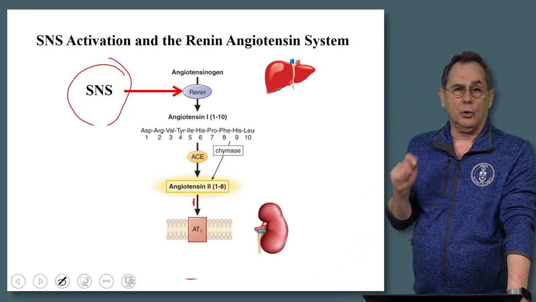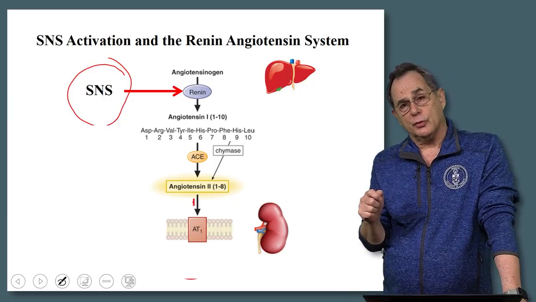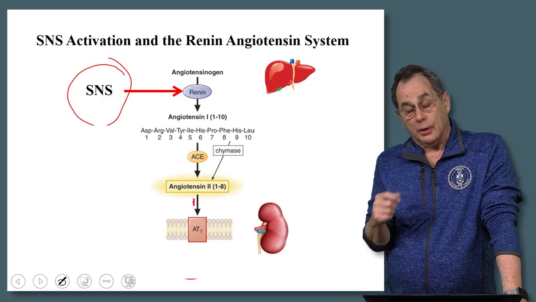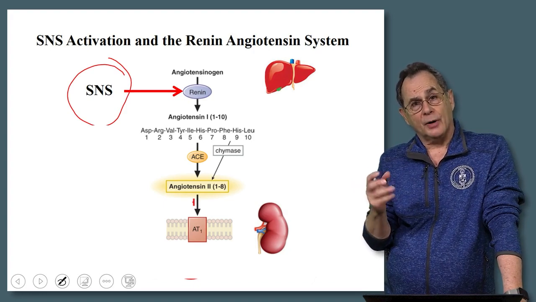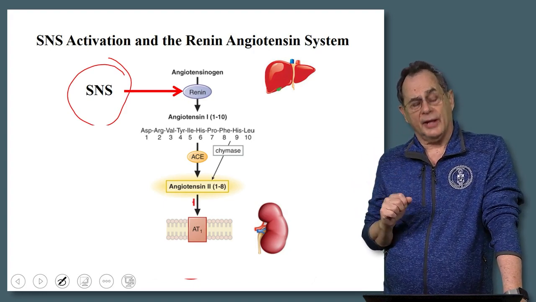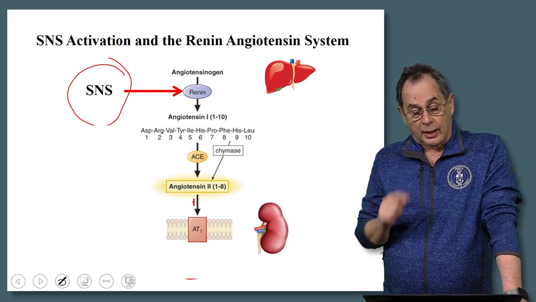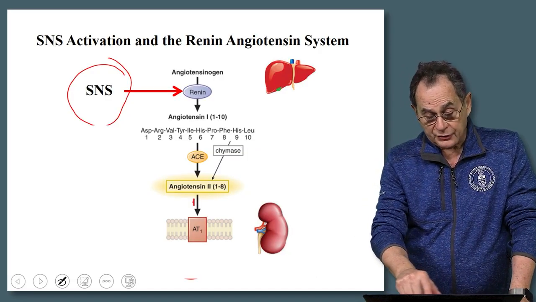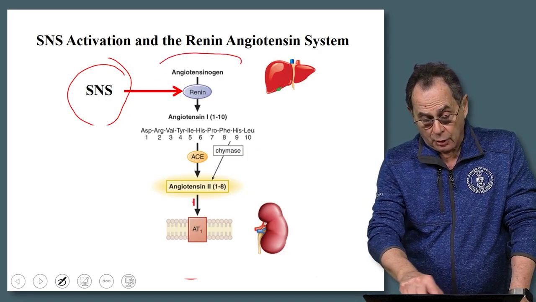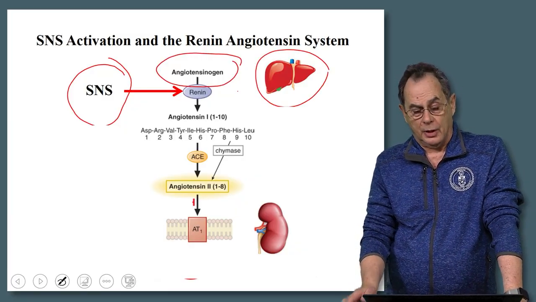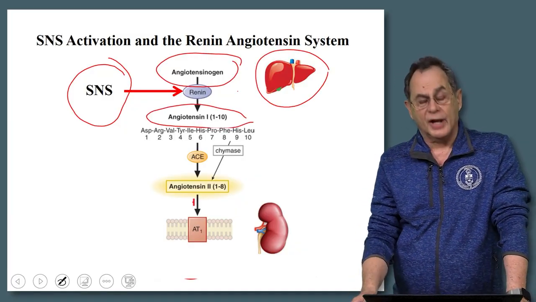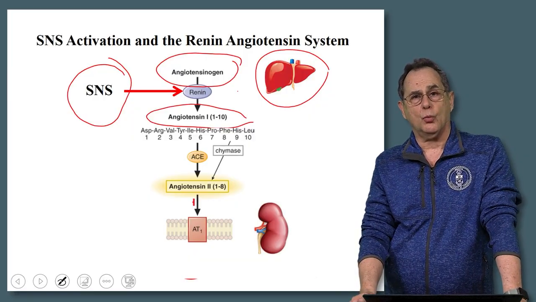Renin is a proteolytic enzyme that is present within the afferent arteriole, and actually within the juxtaglomerular apparatus, but predominantly in the afferent arteriole. Renin then is secreted and acts on a protein produced in the liver called angiotensinogen, and it produces a 10 amino acid peptide called angiotensin 1.